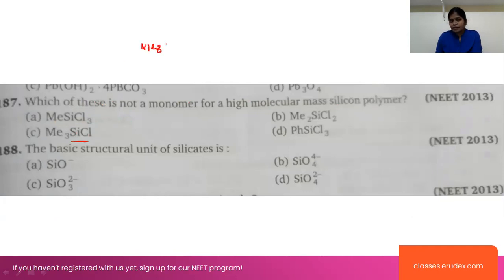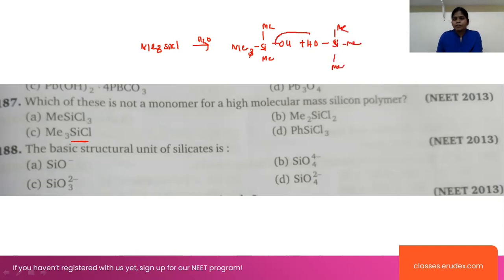So look at Me3SiCl, which undergoes further hydrolysis, then that will be converting into Me3SiOH, and here we are taking another unit, and on condensation, removal of the water molecules, that will give you only 2 units of polymer here.